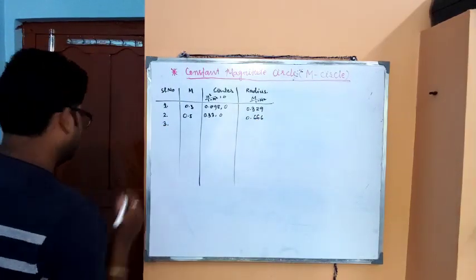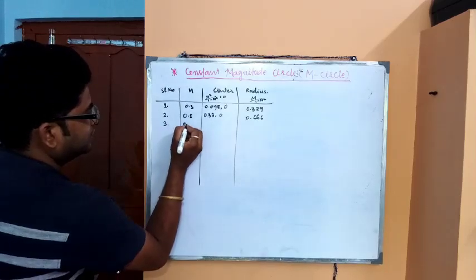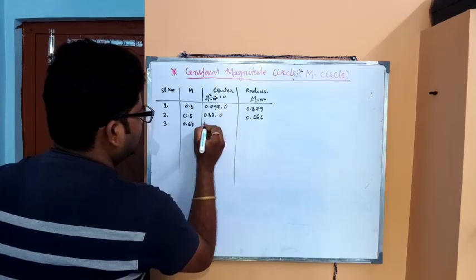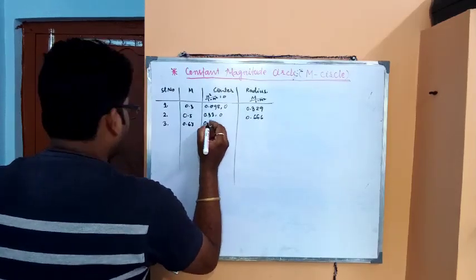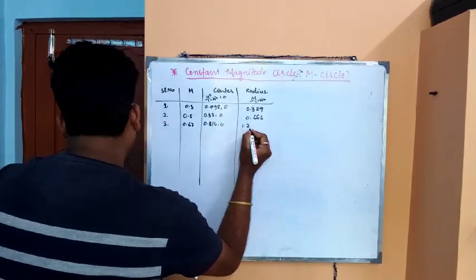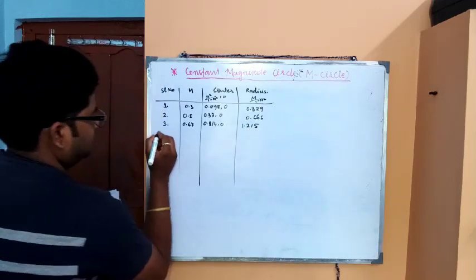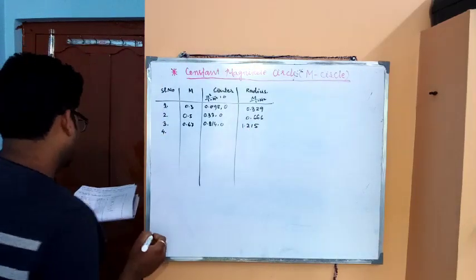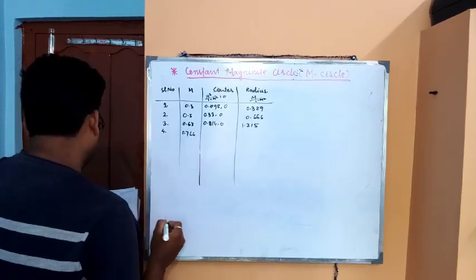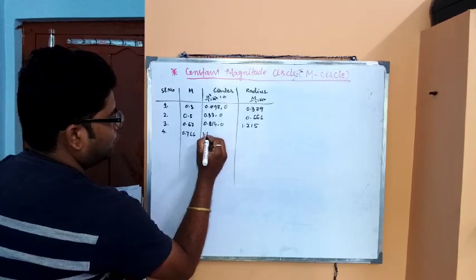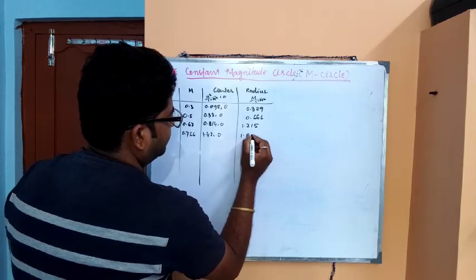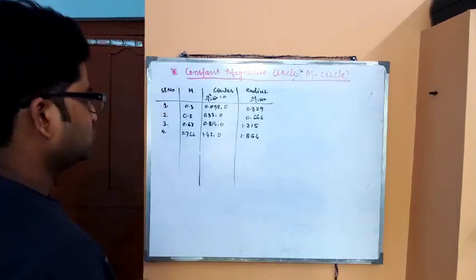Similarly for the third value we consider m is equal to 0.67, and we got 0.814 comma 0 as the center and radius 1.215. The fourth value is 0.766, for which we got 1.42 comma 0 as the center and 1.854 as the radius of the circle.